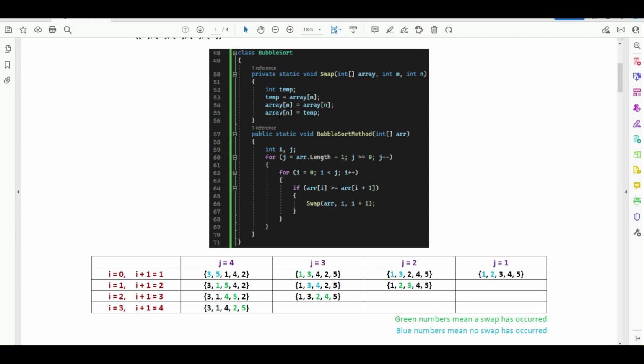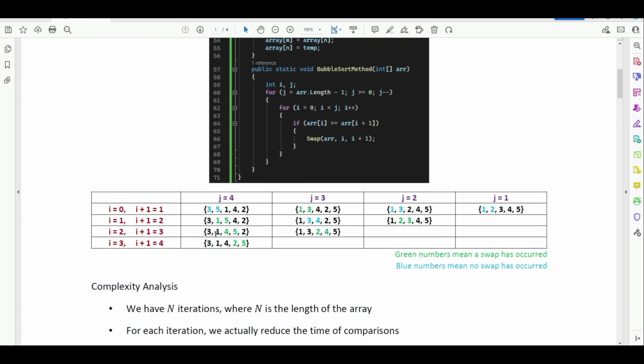And then we set the array element n here equal to our temp. So we're essentially just swapping those two things. That's why it's called swap here, because we are setting this one equal to the one to the right of it, and then we set the other to the temp one.